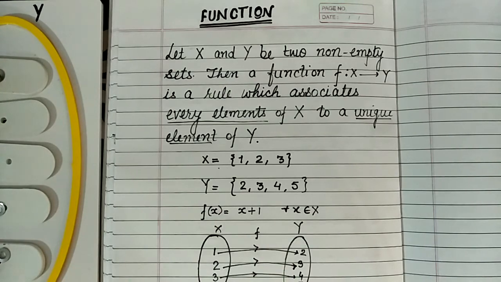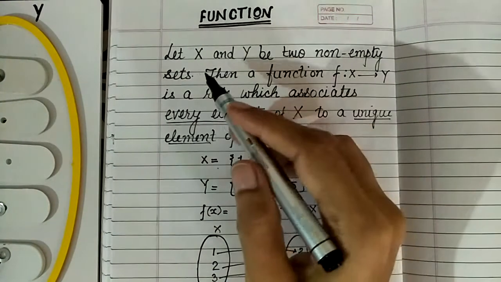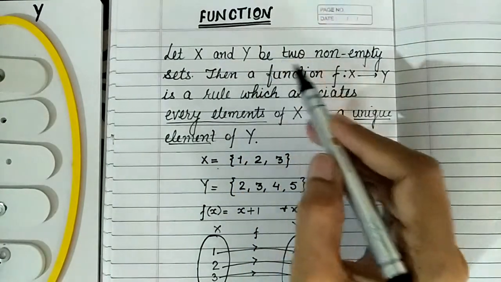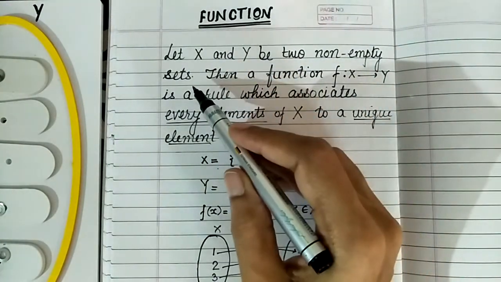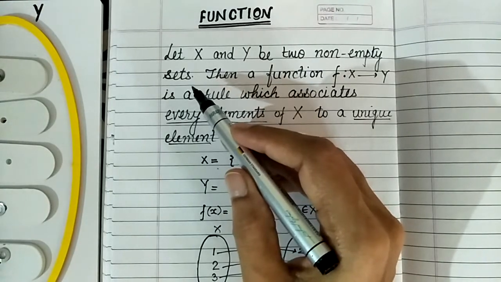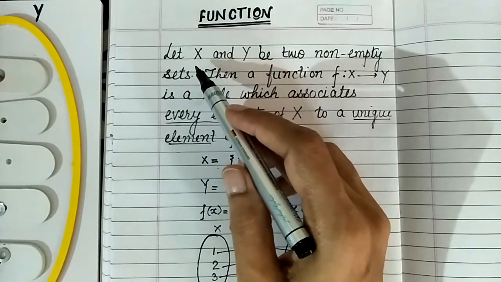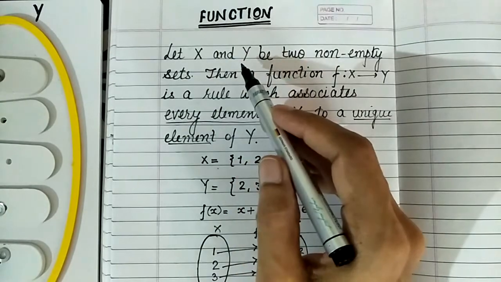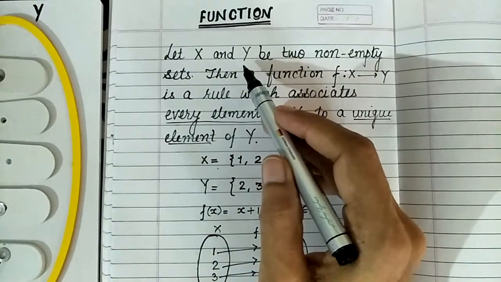Today we are going to discuss what is a function. Let us first define. Let x and y be two non-empty sets. For defining a function, we must have two non-empty sets. Let one set be x and the other set be named by y.